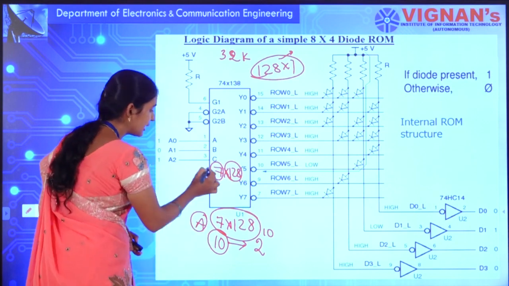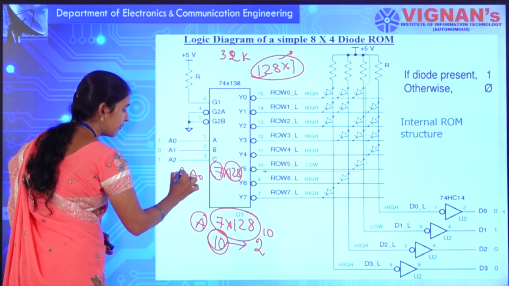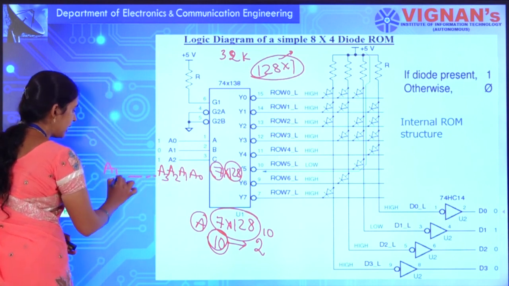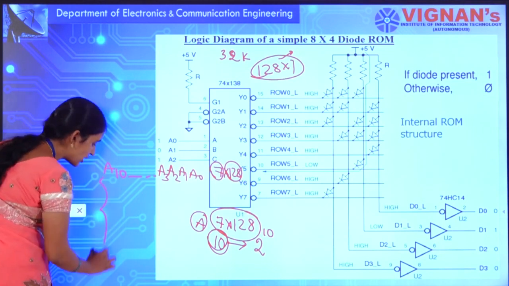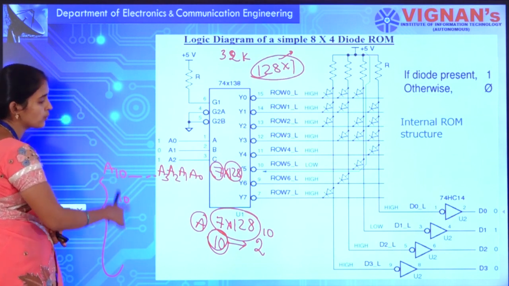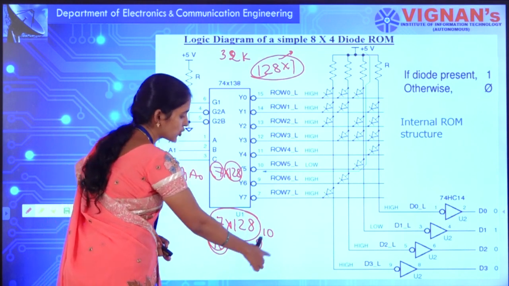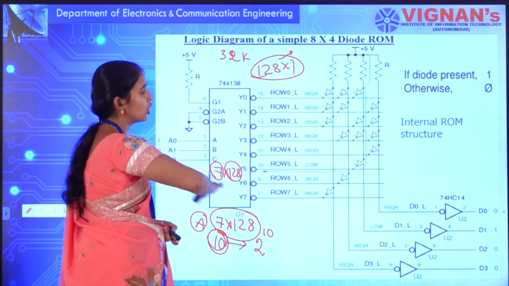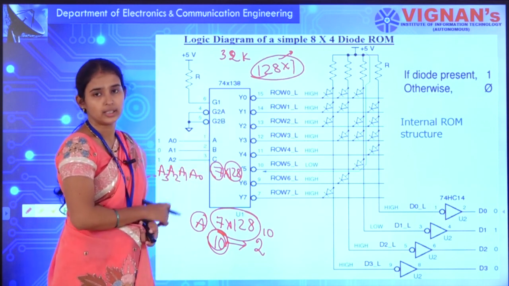If I take 10 address inputs, A0, A1, A2, A3 and so on, up to A10, these many address lines, how many possible combinations will I get? 2 power 10. So if there are 10 address lines, I should get 2 power 10 output lines. It is very difficult to handle with the help of a decoder, that too with one dimensional decoders.